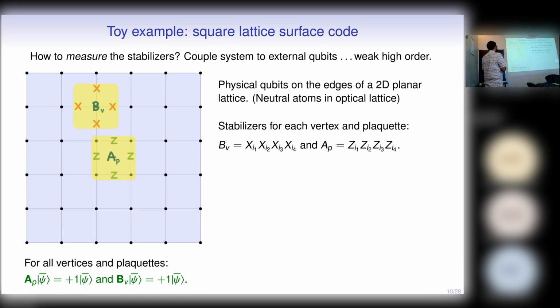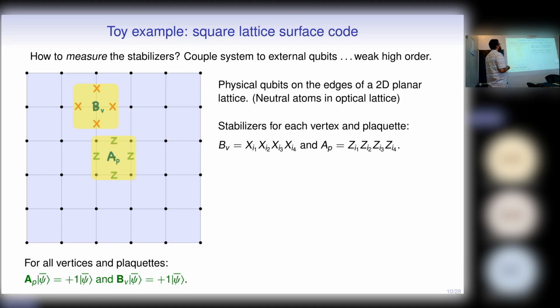Okay. Now, you may ask, is this even physically possible? There are several nice realizations. For instance, you can think of this as an optical lattice with neutral atoms at the qubit sites. Or you can even think of superconducting qubits at the sites and so on.